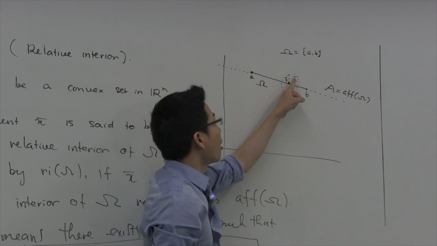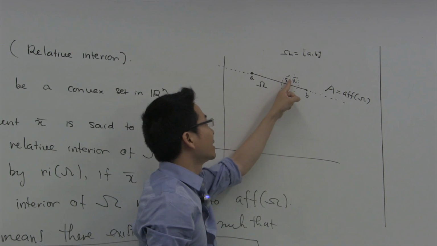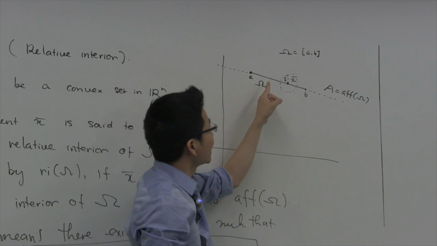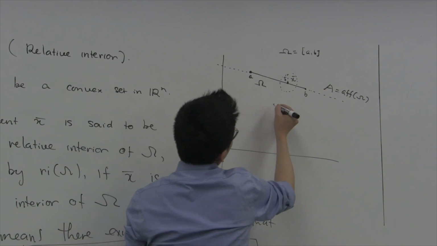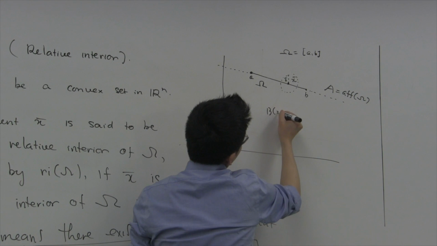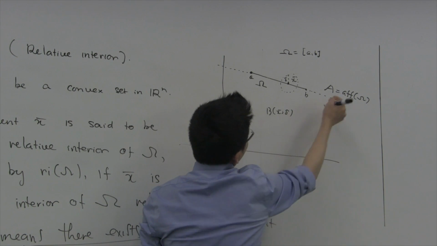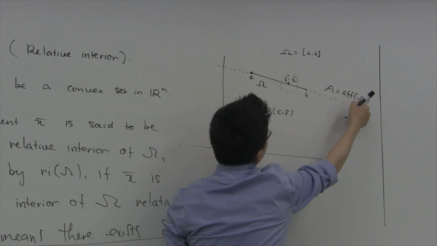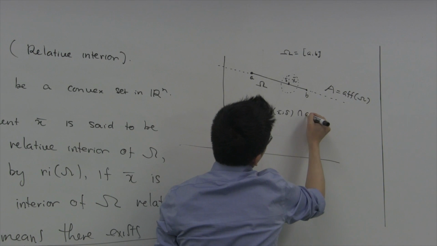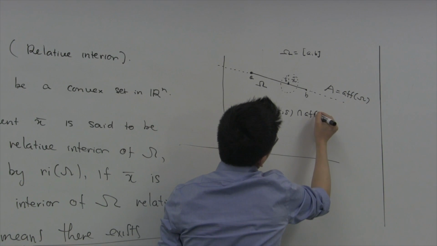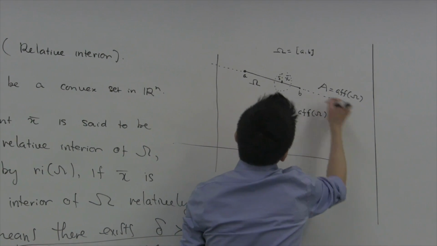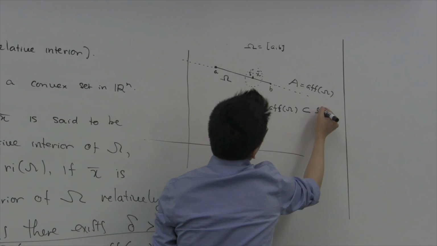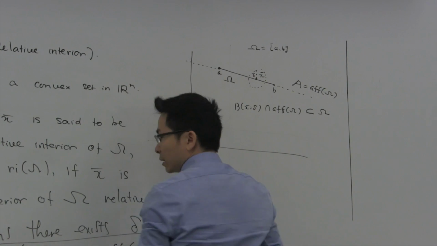Although the ball centered at x bar and radius delta is not a subset of omega, the intersection of this ball and the affine set generated by omega is obviously a subset of omega. So the intersection is here.